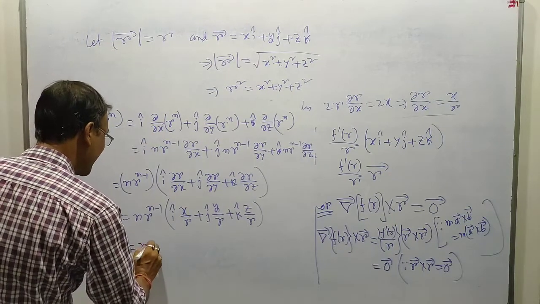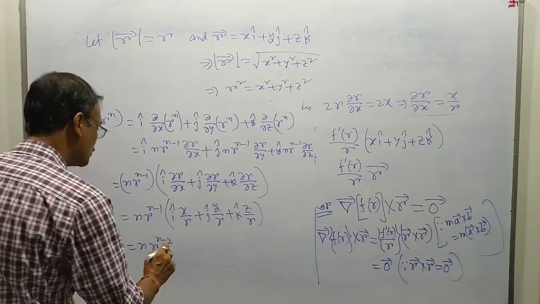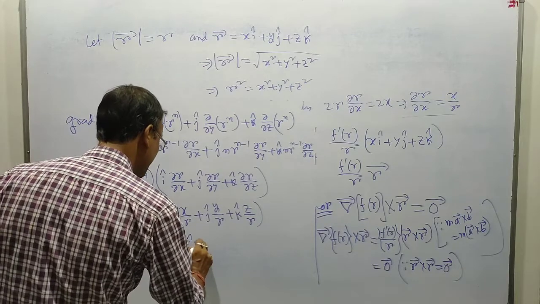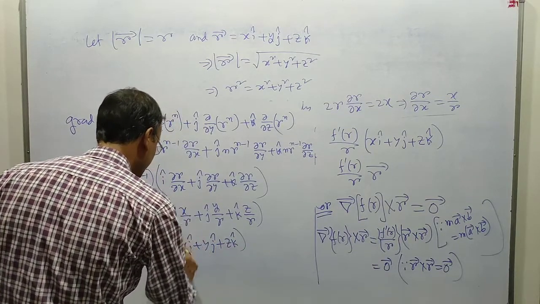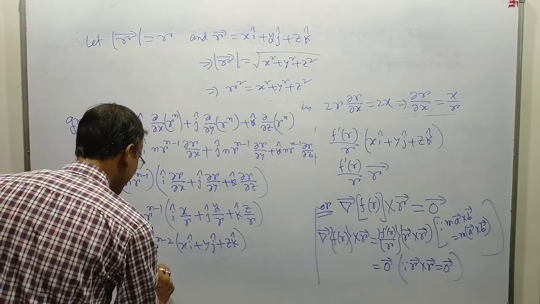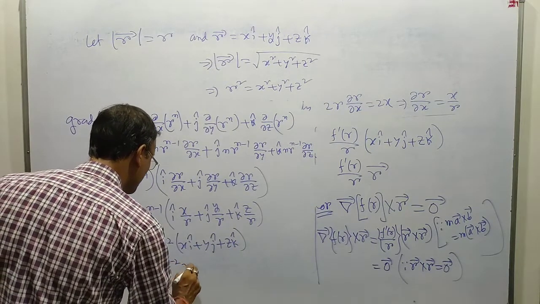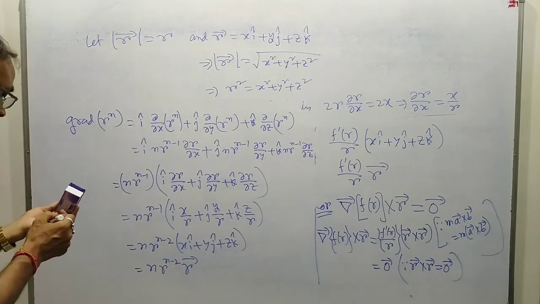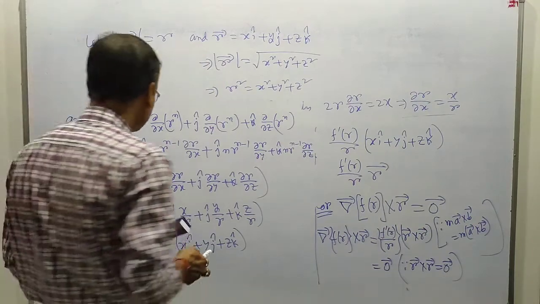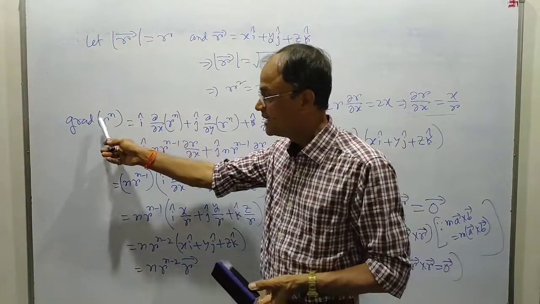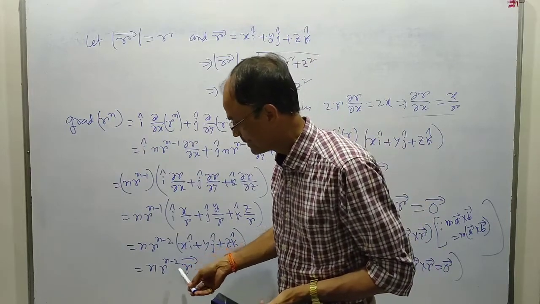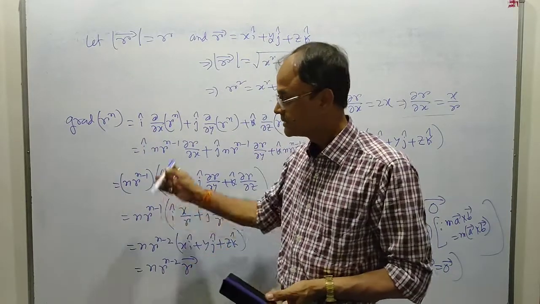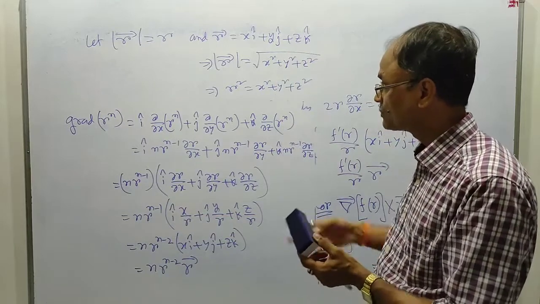This is equal to n R to the power n minus 2 into x i cap plus y j cap plus z k cap. This is equal to n R to the power n minus 2 R vector. The result: gradient of R to the power n equal to n R to the power n minus 2 R vector.